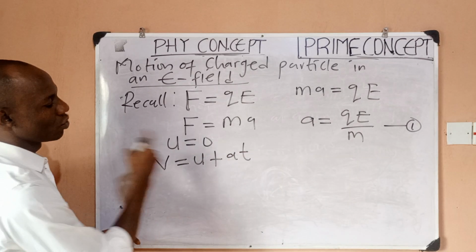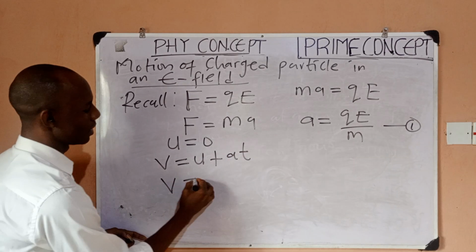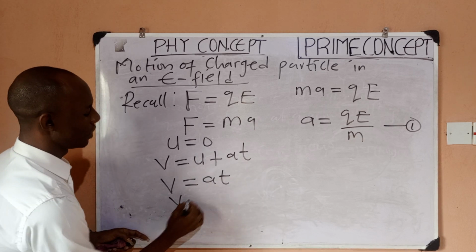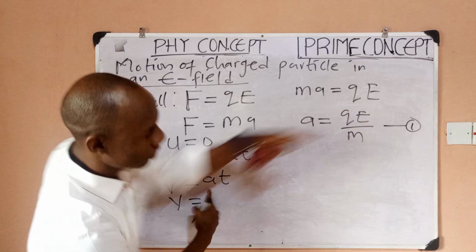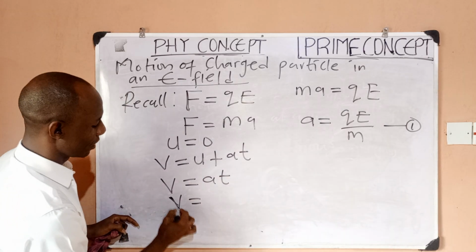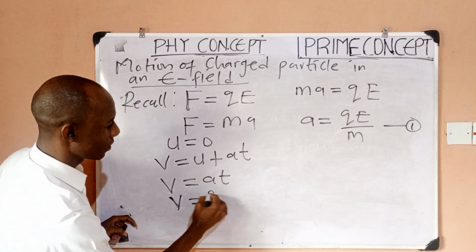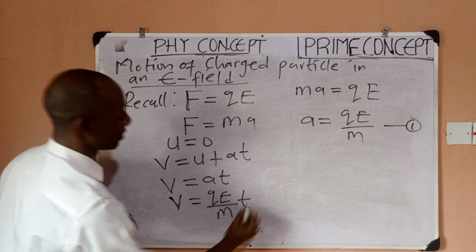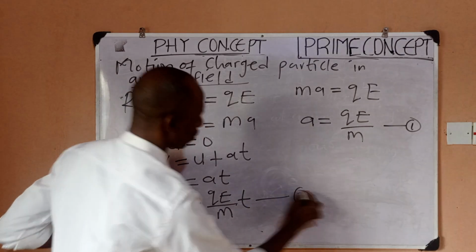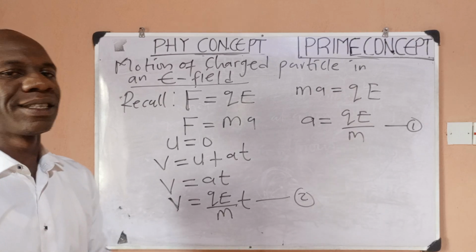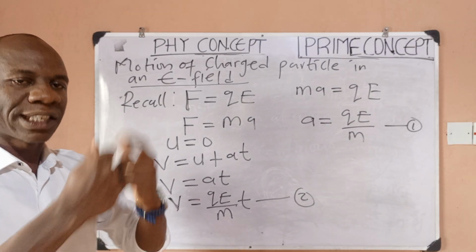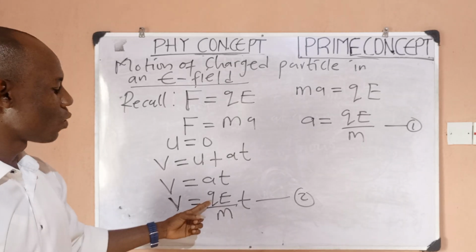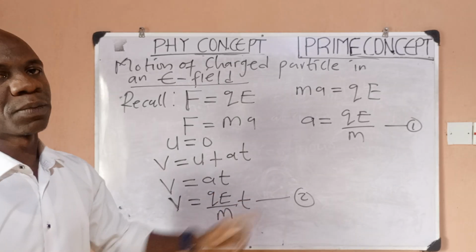Since u is 0, v becomes just at. Then we have a as this, so I'm going to substitute. Then v becomes QE divided by m times t. So this is equation 2. When you are required to get the velocity of a charged particle placed in an electric field, it is given as v equals QE over m multiplied by the time.